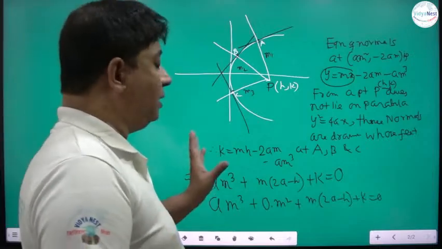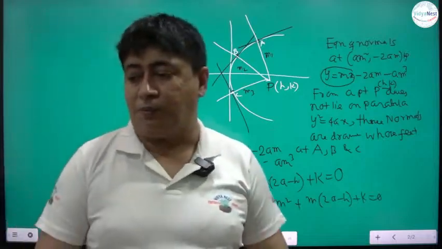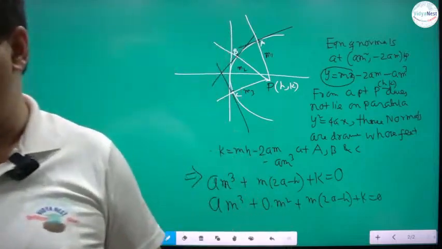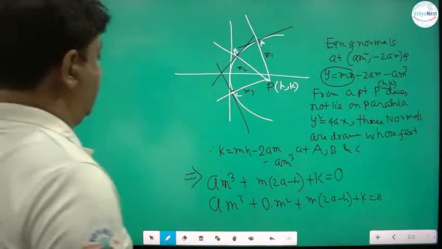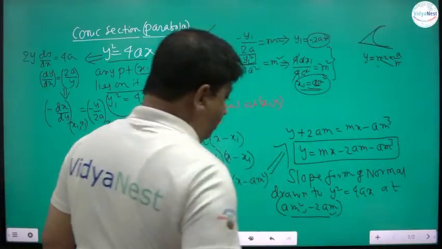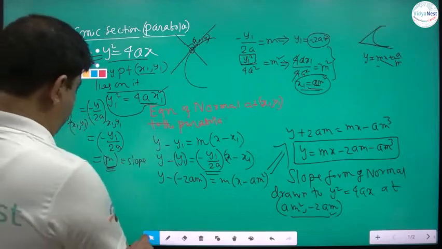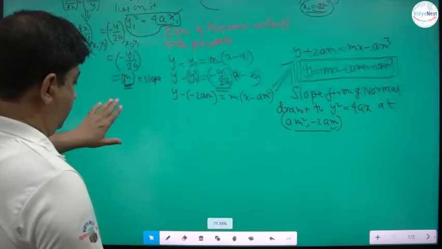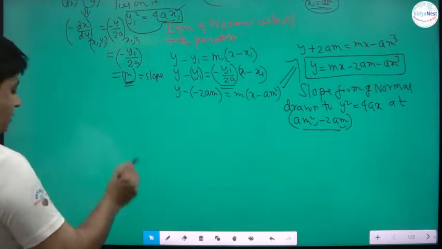Now, you need the relation between the roots of a cubic polynomial. What is the relation between the roots of a polynomial? Suppose there is a polynomial of this type.